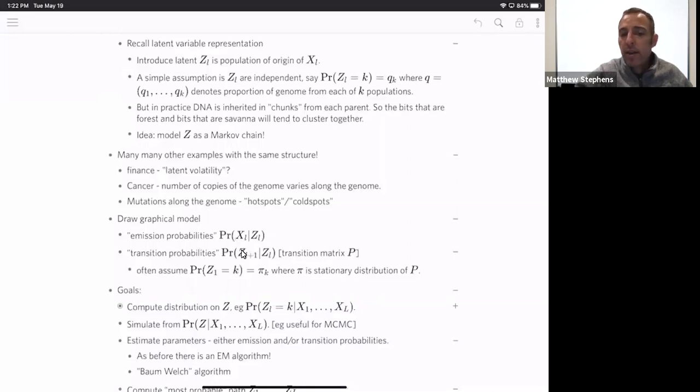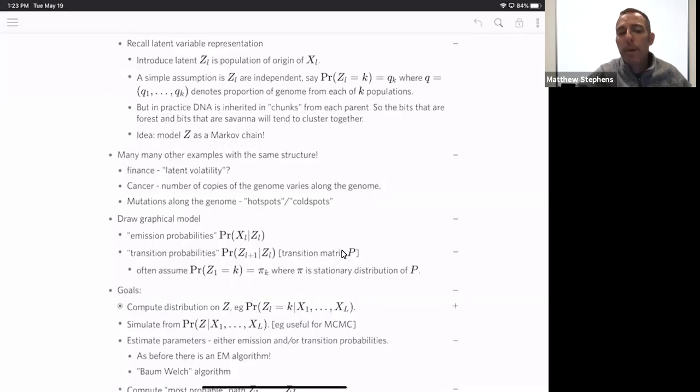The probability of jumping between states actually depends on the recombination rate and how old the admixture, the hybridization, is. Maybe we could know something about these, or maybe we would want to estimate them from the data. So P may or may not be known, and we may want to estimate them.